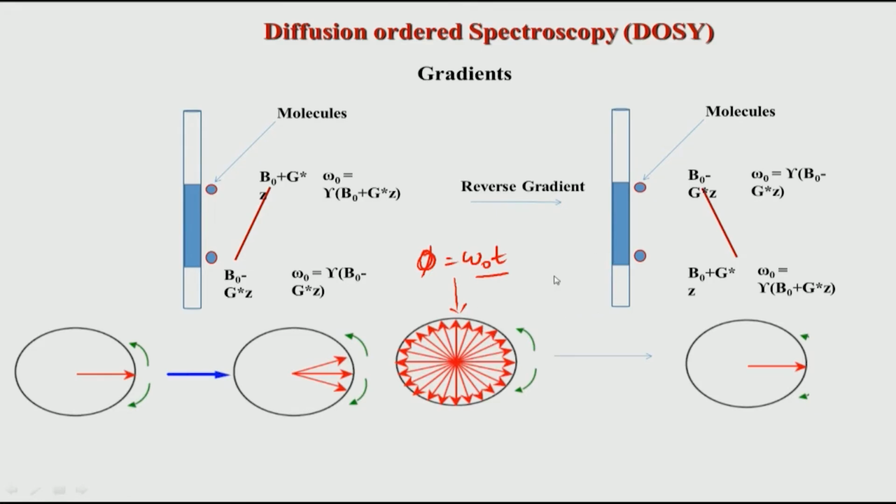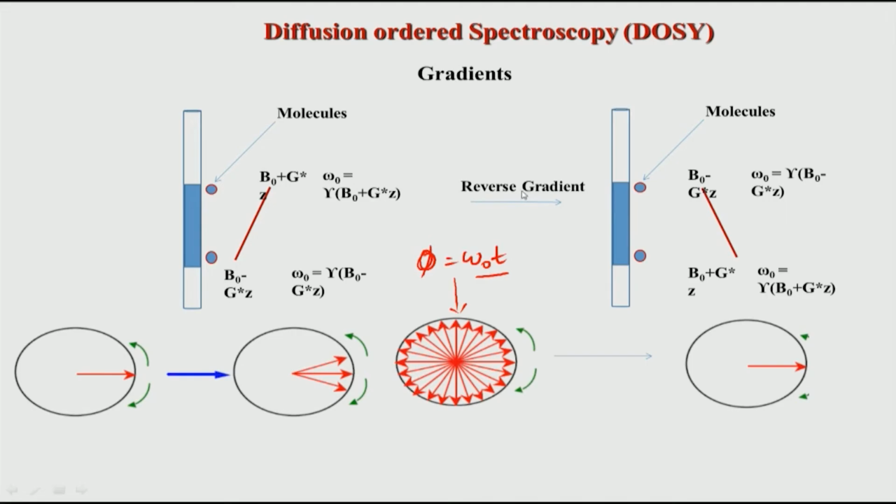So, if something has moved by 50 degrees, it will come back by minus 50 to 0. Similarly, something which has gone by 72 degrees will come back with minus 72 back to 0. So, all of them finally come back to the same position, and now they have come back in phase. This is the advantage of gradients, that you can dephase and rephase simply by applying an equal and opposite gradient.